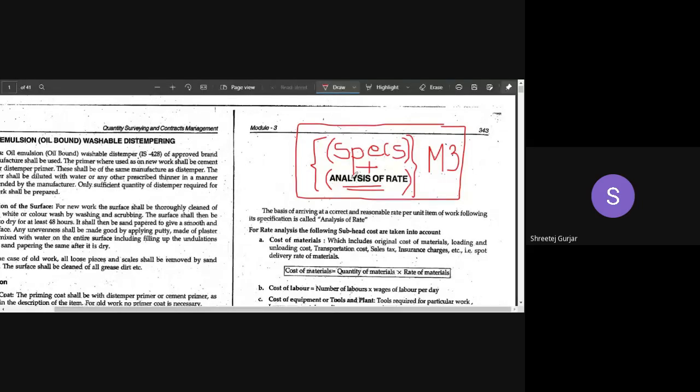You have to be very well versed with these particular rates. And then specification you must know, so that you can properly execute all these items of works in the field. So this particular module is very important. Make sure you go through this, read every detail, study in detail, and remember all these items of works. Okay, so with this, we have finished the third module.